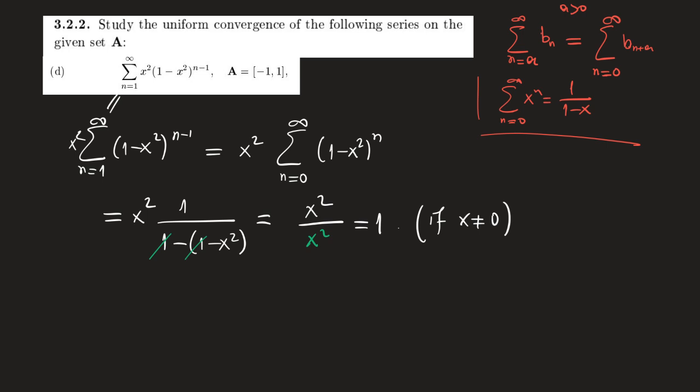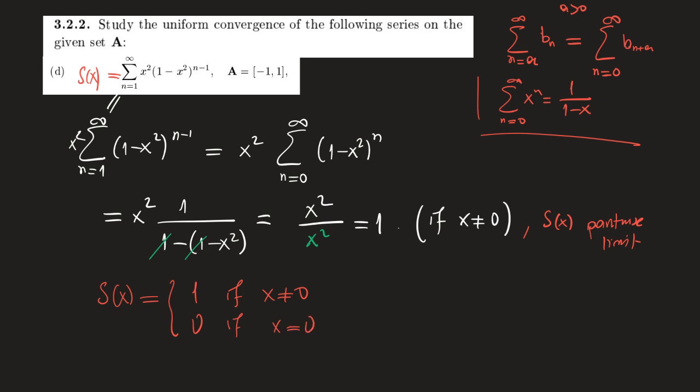So if I call this s of x, the s of x is the pointwise limit. So my pointwise limit is 1 if x is not 0, and 0 if x is 0.